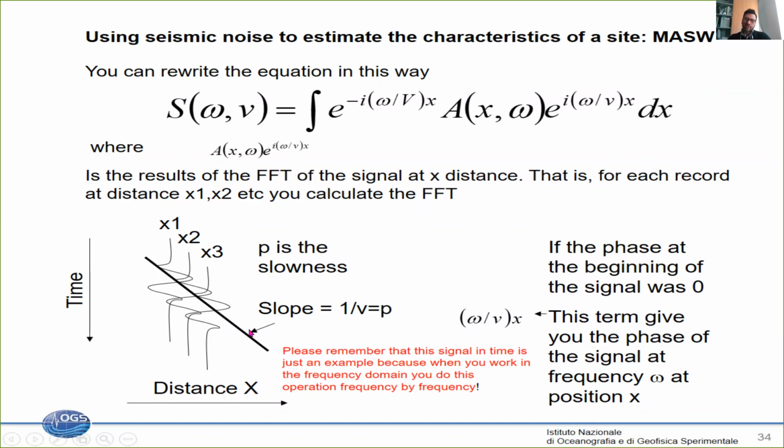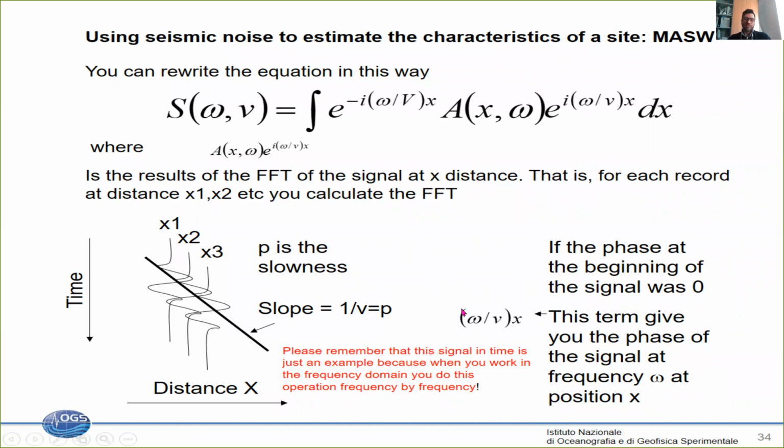The slope that you see here, that is describing the arrival time that is increasing with distance, depends on the velocity, because it's distance over time. So you can see that the slope of this line is 1 divided by v, so it depends on what we call the slowness parameter. But so it's in a way depending on the velocity at which the waves are propagating, okay?